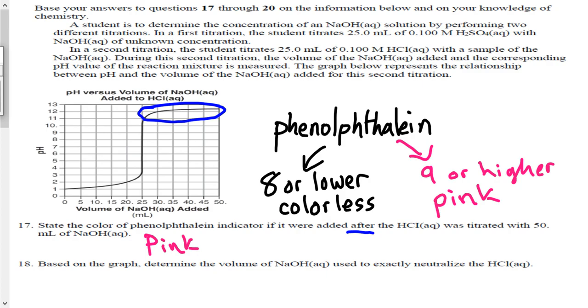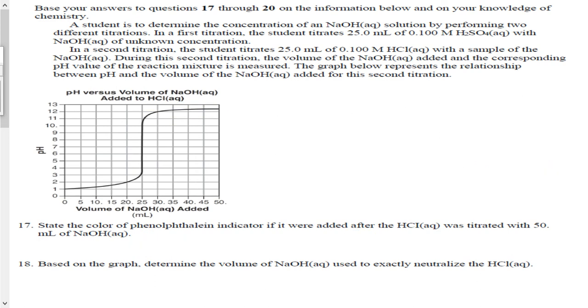For the second question, question 18, based on the graph, we have to identify the volume of sodium hydroxide used to exactly neutralize HCl. So if you look at the initial pH, we started with a very acidic solution. pH is 1.